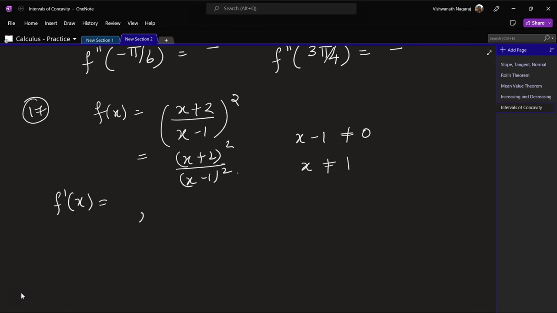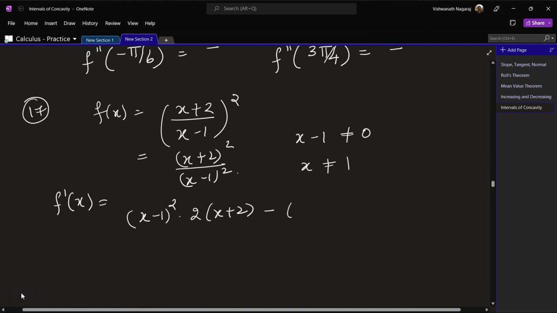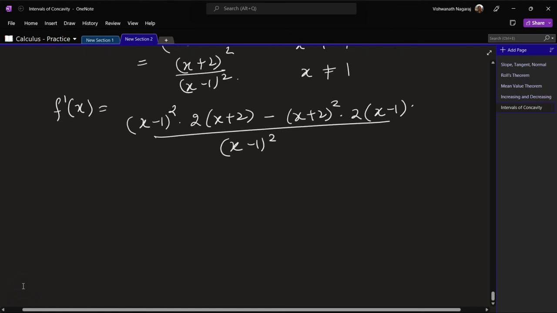So the first derivative would be x minus 1 square times 2 times x plus 2 to the power of 1 times 1, minus x plus 2 square times 2 times x minus 1 times 1, divided by x minus 1 to the power 4. Here x minus 1 is common, x plus 2 is common.